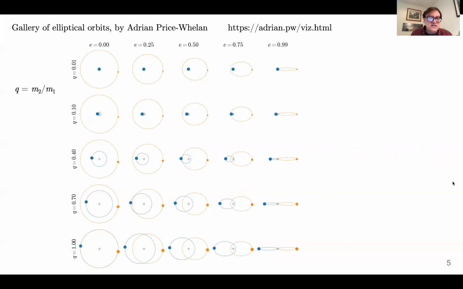But yeah, it's just interesting to sort of look at the behavior as a function of eccentricity and the relative mass ratio of the two objects, just to see what do these orbits actually look like in real space as you vary these parameters. I guess there's not too much to say here, but yeah, just take a look and see how various things are changing as the different parameters are changing.